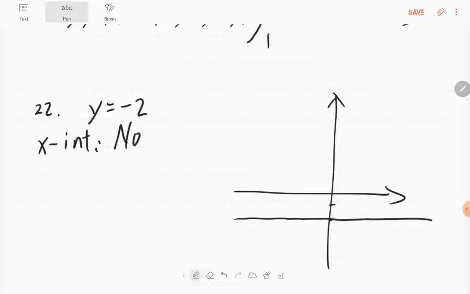There's no x-intercept, but the y-intercept is y equals -2. Or if you use the point to represent, it would be (0, -2). It depends on the choice, okay? Which one they want to use, whether they want you to just write the y value or write the point.